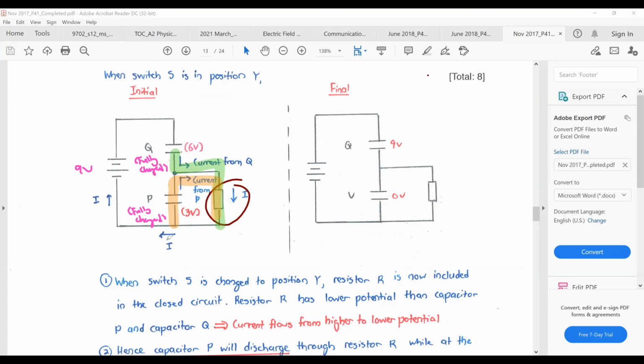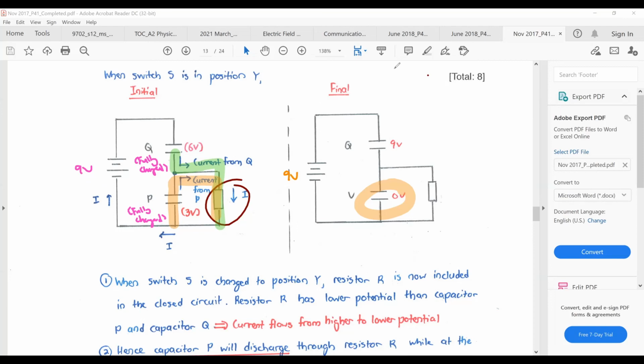Now when they're both discharging through your resistor, this one here will continuously lose charge. Its PD will drop to 0. But for this one, by right its PD should drop to 0 also. But here you do not have that case, because you still have connection to the 9-volt voltage supply.